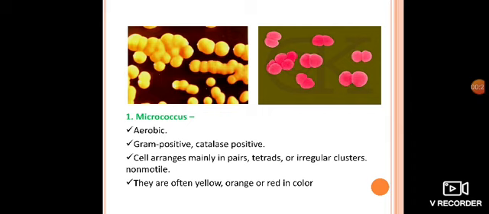If we consider gram positive micrococcus, when identifying the properties, first we observe that they are aerobic in nature.